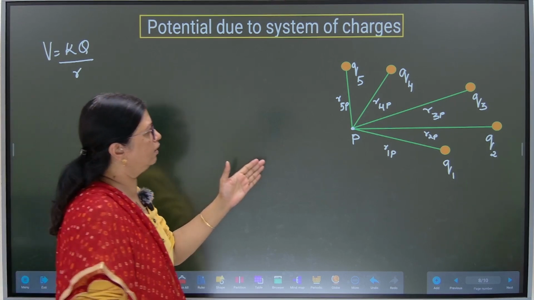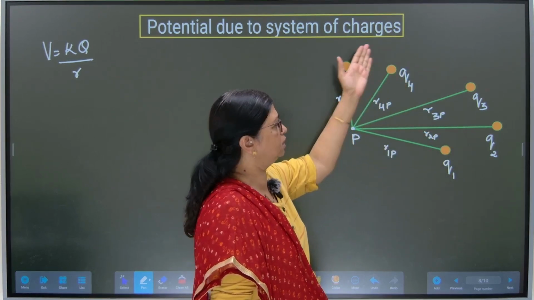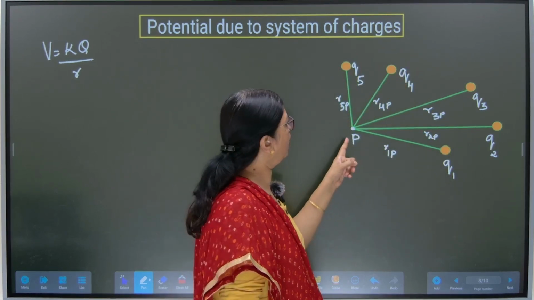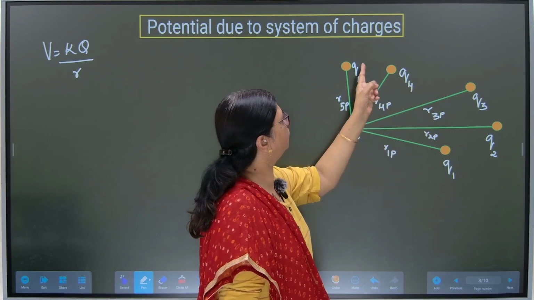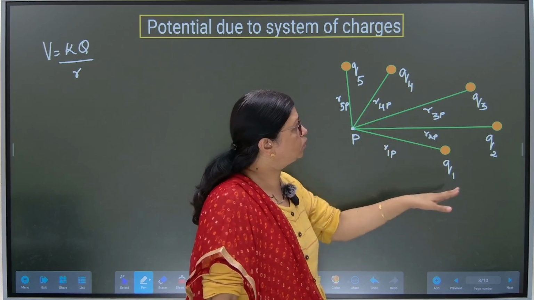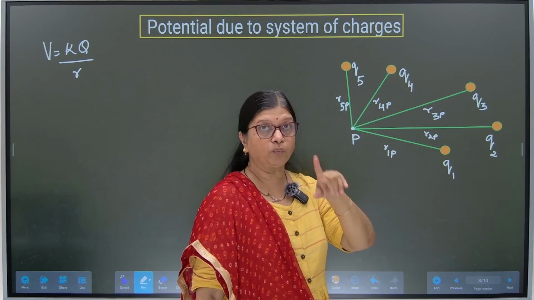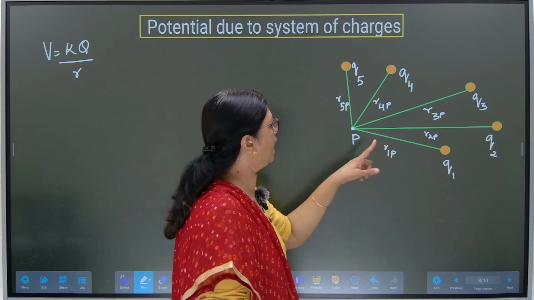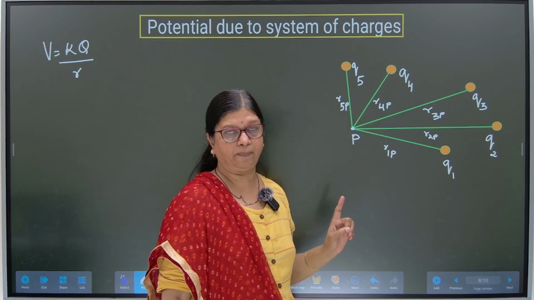Now here, coming to the diagram, we have multiple charges around a point P. Say Q1, Q2, Q3, Q4, Q5, I can have Qn number of charges. Now, due to this configuration of multiple charges, I want to find out the potential at the point P in the vicinity of these charges.